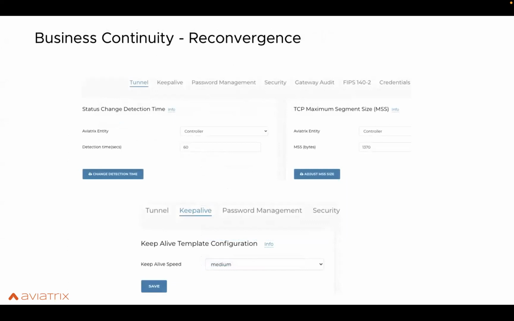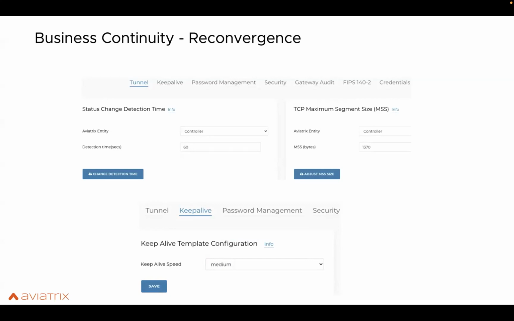If the requirements are from the reconvergence perspective, Aviatrix provides different types of functionality, like tunnel detection time and keepalive times, right? All these configurable parameters have an impact on the reconvergence.